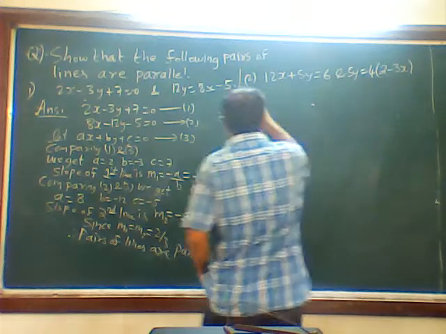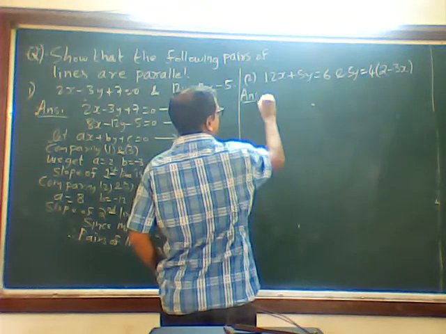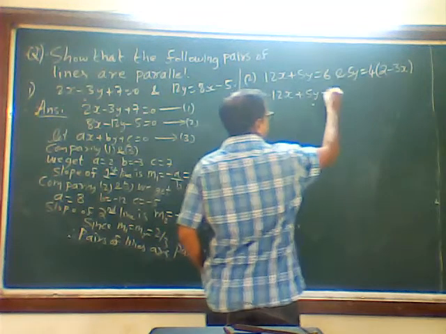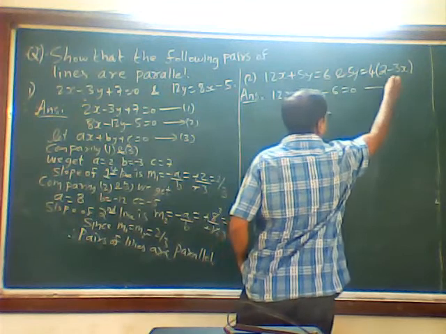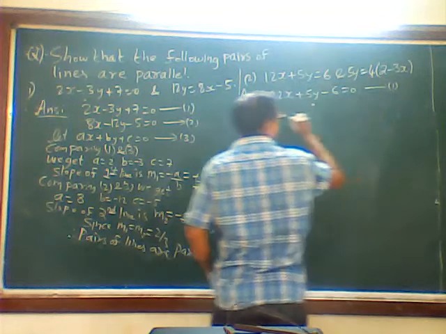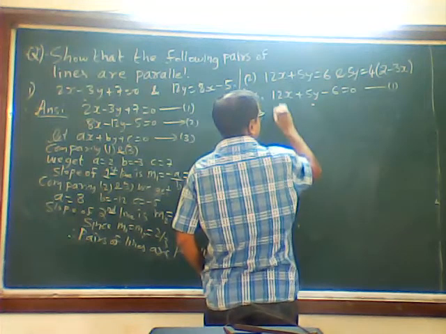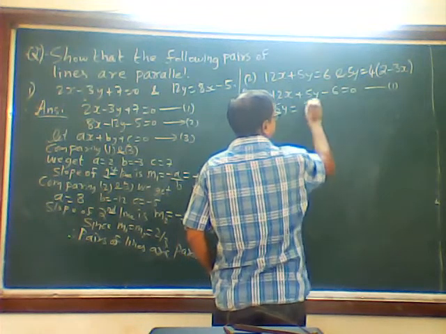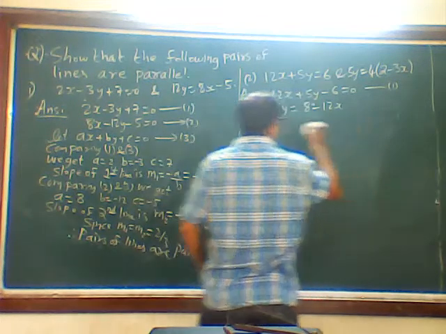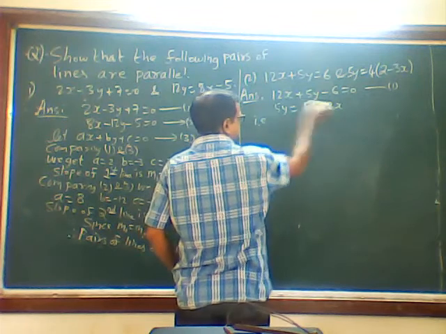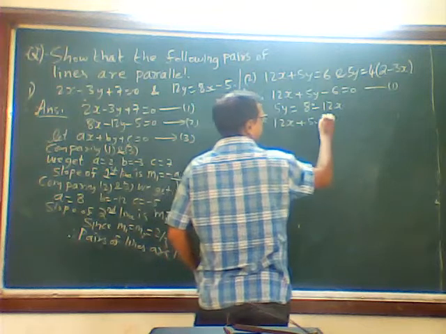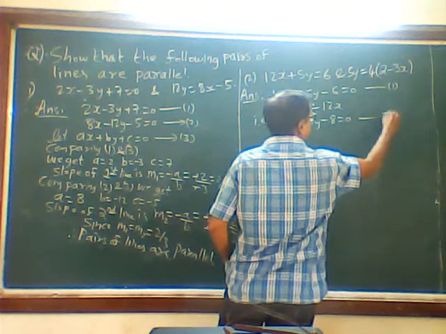Now we will write the equations. 12x plus 5y, I will get the 6 this side, minus 6 is equal to 0. Next, 4 into 2 is 8, so 5y is equal to 8 minus 12x. That is, minus 12x will come this side, it will become plus 12x, plus 5y, and this 8 will come this side, minus 8 is equal to 0, equation number 2.